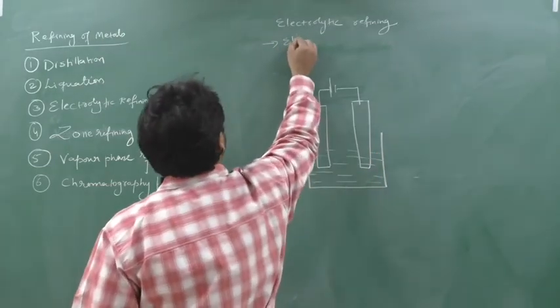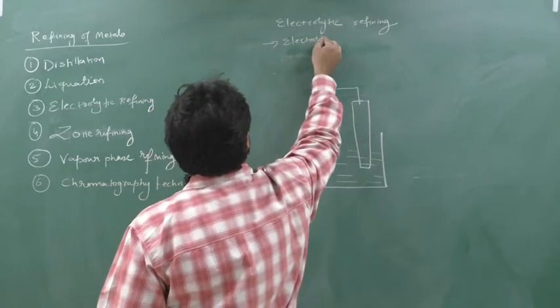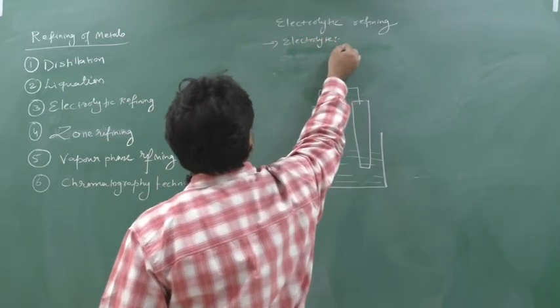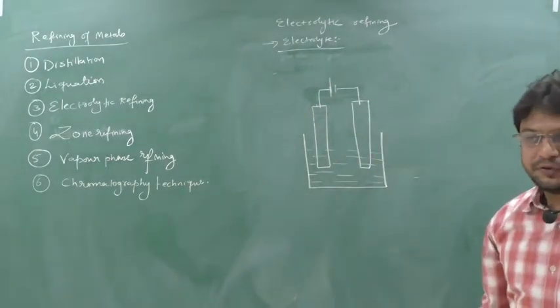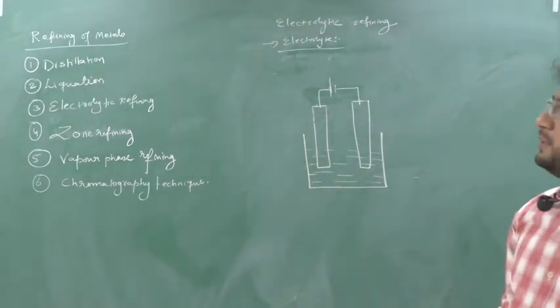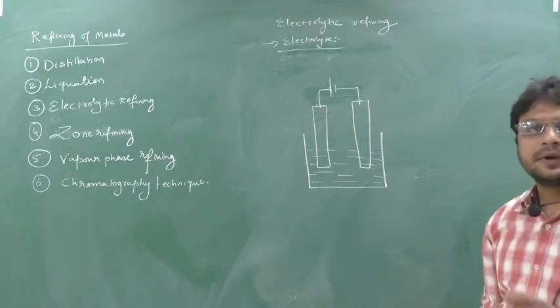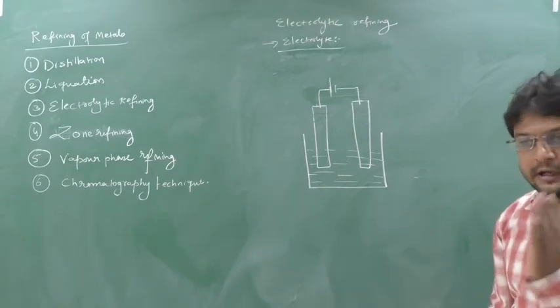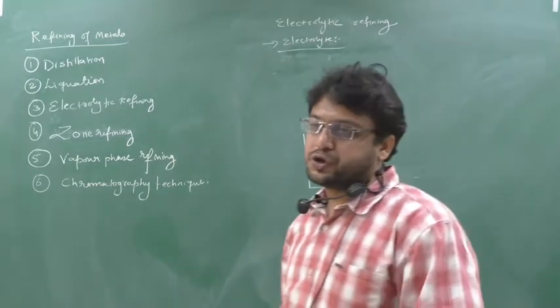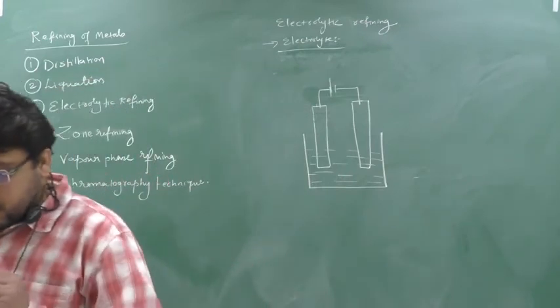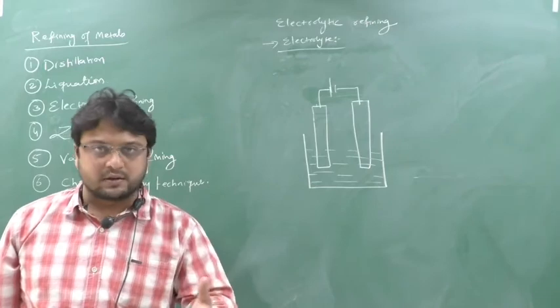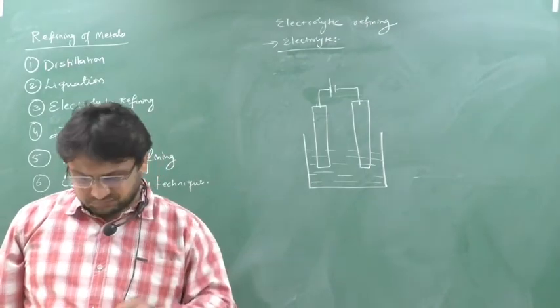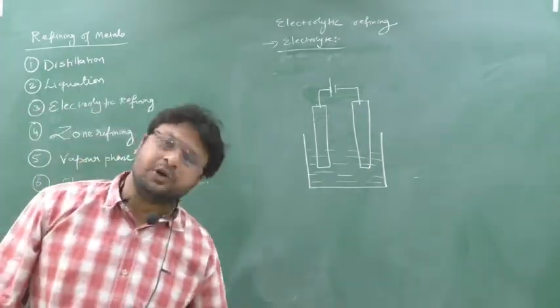So for this we need an electrolyte. Which kind of electrolyte will we take? The electrolyte is taken according to which metal is to be purified. Suppose you want pure copper, then you should take a salt solution of copper. If you want pure nickel, a salt solution of nickel. If silver, a silver salt solution; likewise zinc, platinum, gold, aluminum, anything.